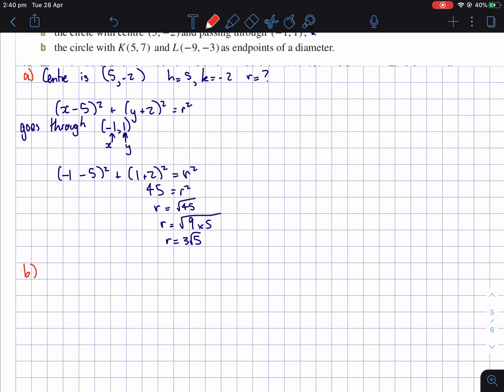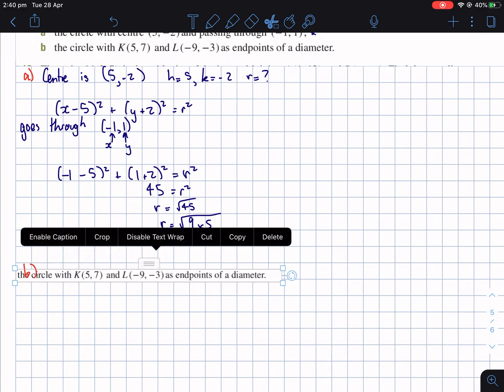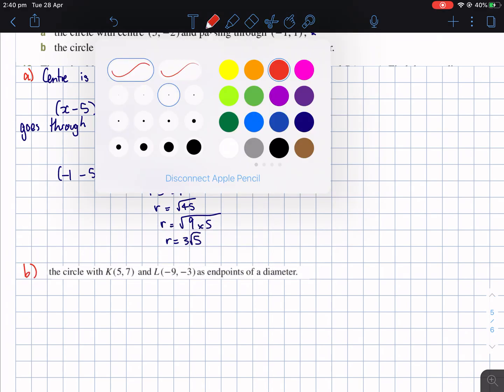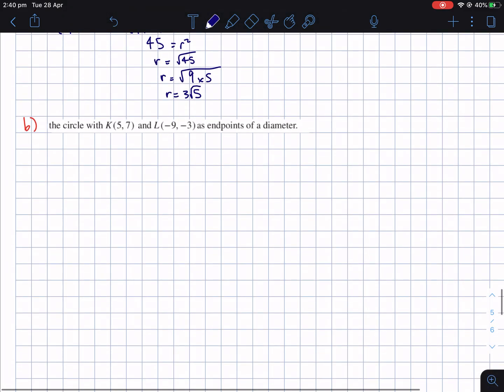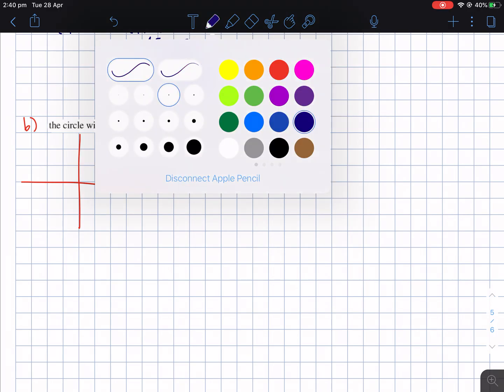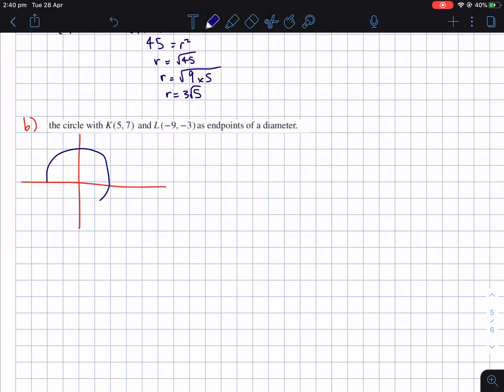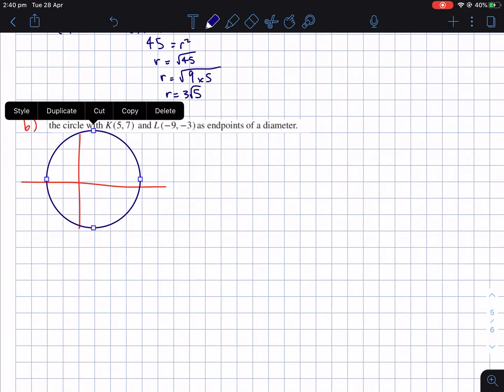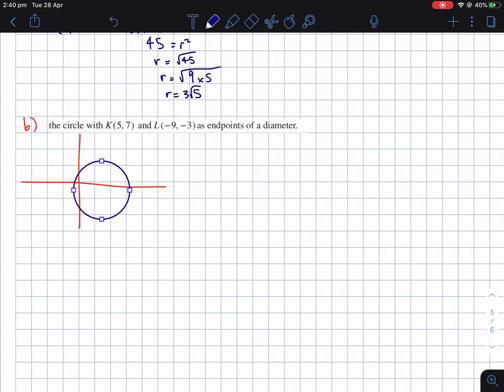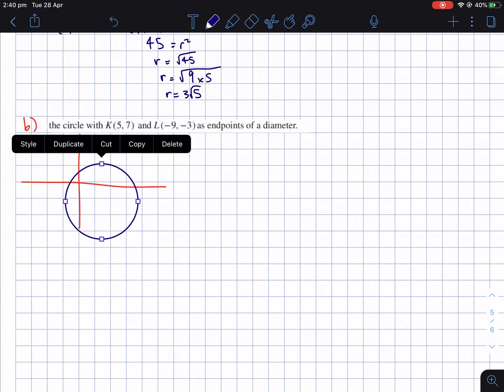Question B says the circle with these points as endpoints of the diameter. So if I have a circle and I don't actually know that it's going to be centered on the origin, I do know that the point negative 9, negative 3 is on it.